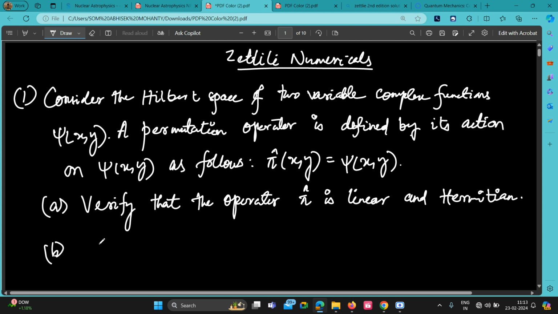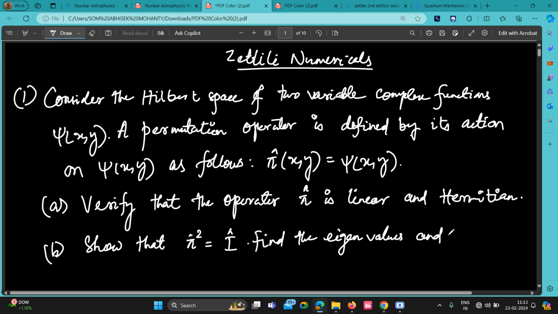Part B, so that pi square is equal to I, where I is the unit operator. Find the eigenvalues.